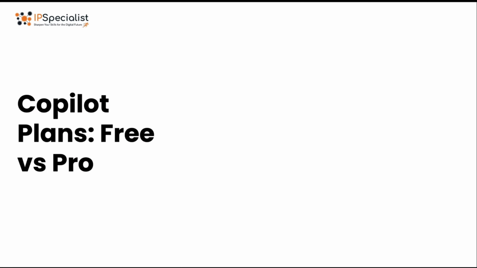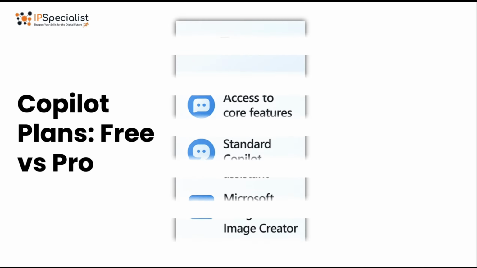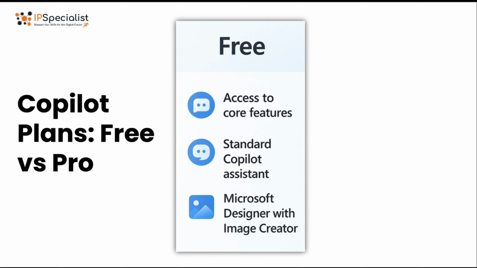Now let's move on to Microsoft Copilot plans. Microsoft Copilot follows a freemium model, which basically means that it offers both free and paid tiers. With the free version, users can access most of Copilot's core features, which includes default chatbots like the standard Copilot Assistant and the Microsoft Designer, which helps you generate images from text prompt using the built-in image creator.